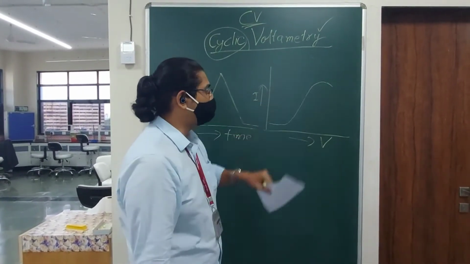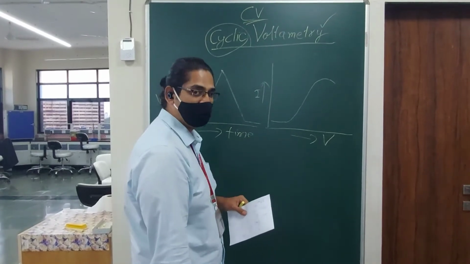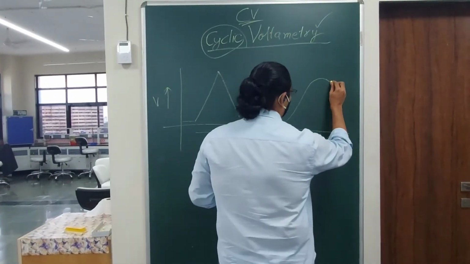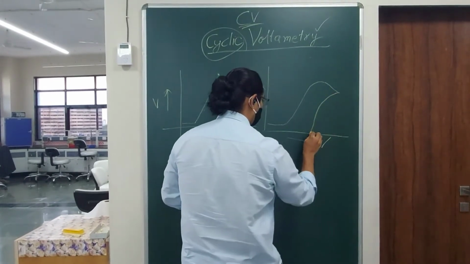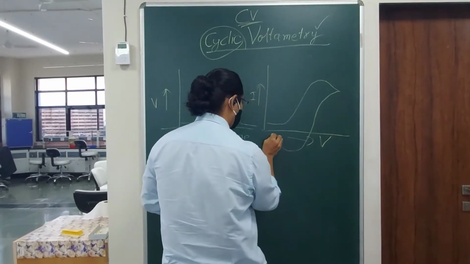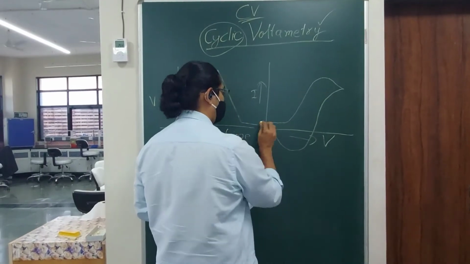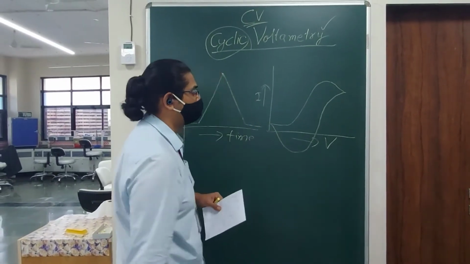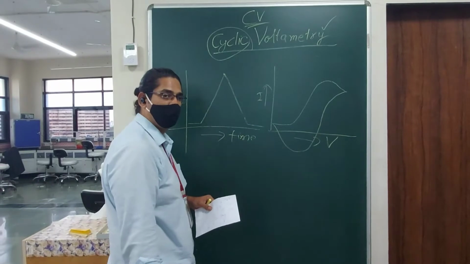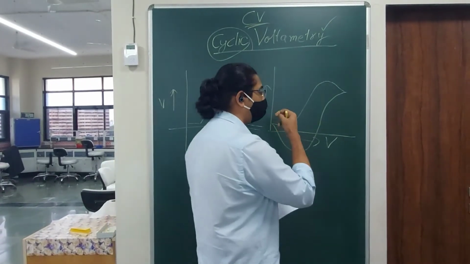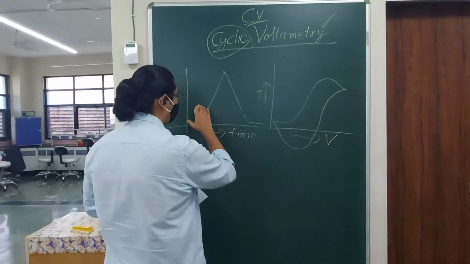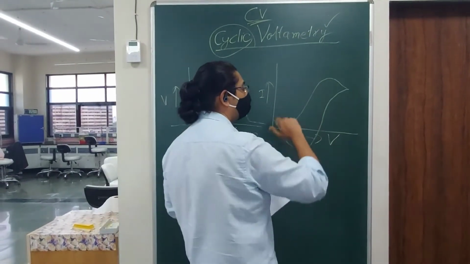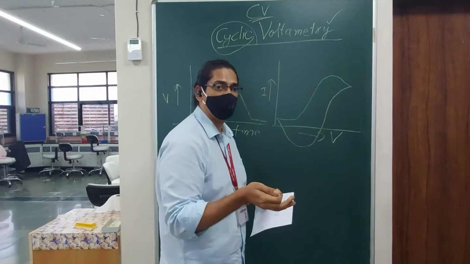I'll come back to why it levels off in a second, and then it reverses, somewhat like this. This is what we call the voltammogram, a graph between current and voltage.